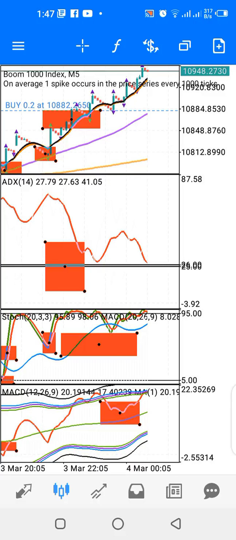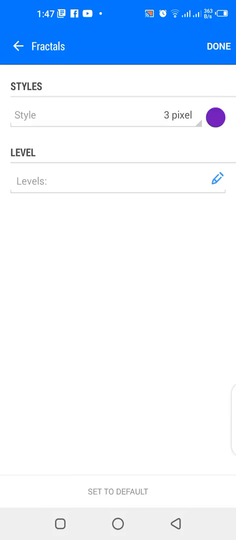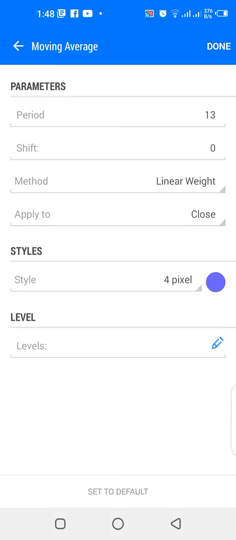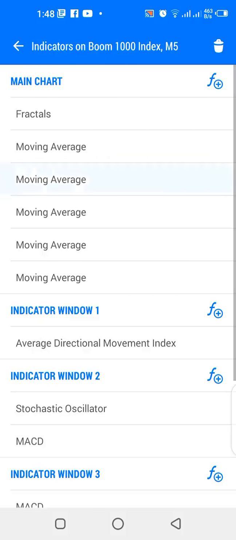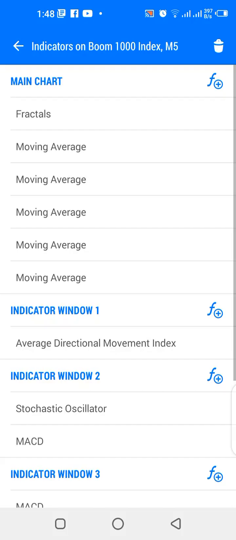Let's look at the settings one more time. We have fractals. We have moving averages, 5 moving averages for the main window. The first one is 13 linear weight applied to close, purple. Second one is 14 linear weight applied to close, orange.